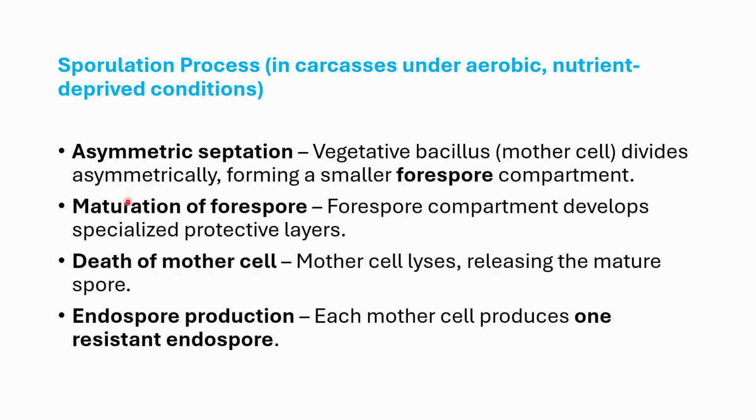Next, the forespore matures, developing specialized protective layers that make it highly resistant. Then the mother cell dies, lysing to release the mature spores into the environment. Finally, endospore production is complete, with each mother cell yielding one resilient dormant endospore capable of surviving extreme conditions.